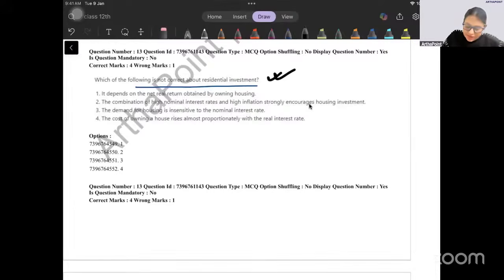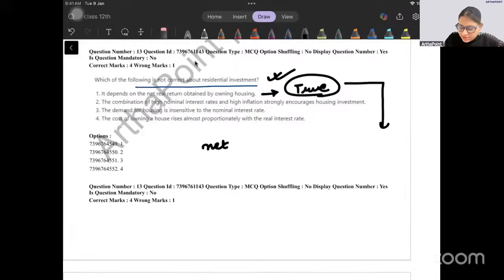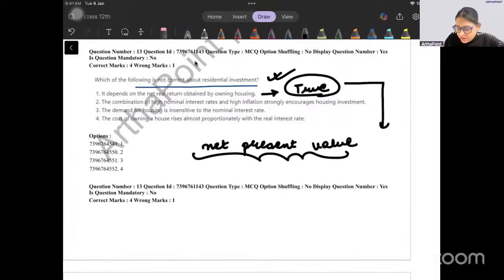Okay. It depends on net return obtained by owning a house. This is true. Whenever you do any kind of investment, जब हम कोई भी investment करते हैं, we find out something which is known as net present value, which evaluates the returns versus the cost.